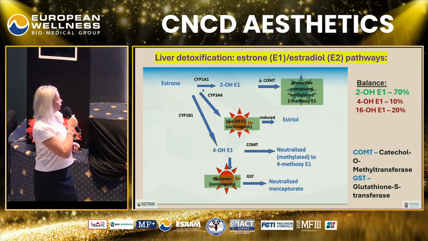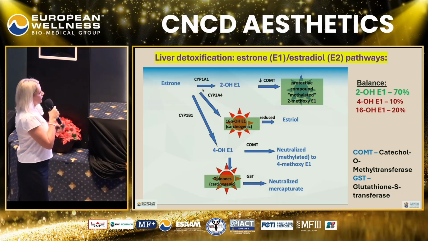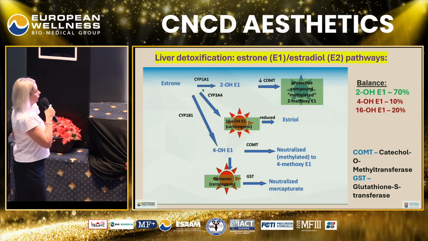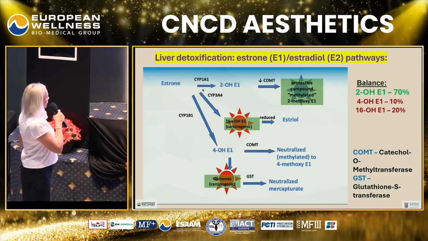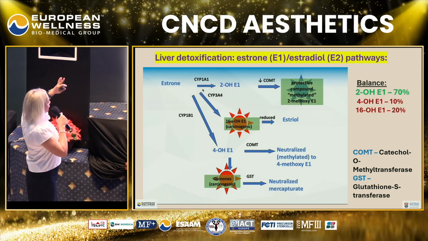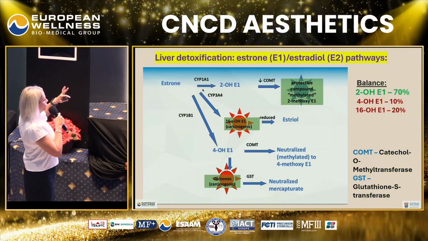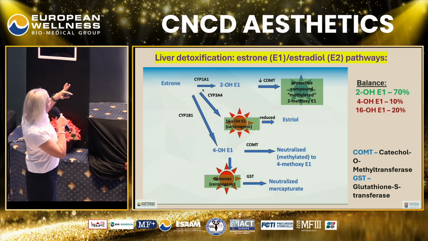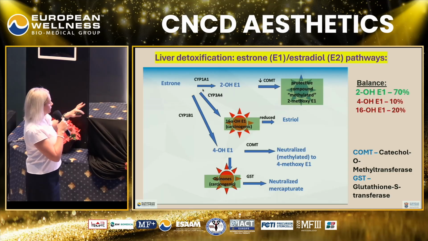Let's go through the first and second phases of detoxification again. And we can see that the first phase, like I said, is catalyzed by enzymes of the family of P450 cytochromes, which are CYP1A1, CYP3A4, and CYP1B1. There are three pathways. So the 2-hydroxy pathway is a safe pathway.